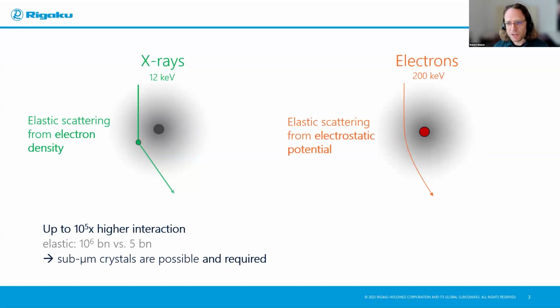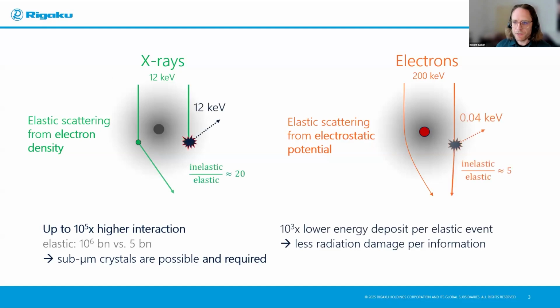But the key differentiator here is that this process is roughly 5 orders of magnitude stronger, but depending on what atom, than this one. So if you have electrons, you can access crystal sizes that are below 1 micron easily because they will still give you enough signal. On the other hand, they should not be larger than around 1 micron because then they will essentially become a beam stop because of the strong interaction.